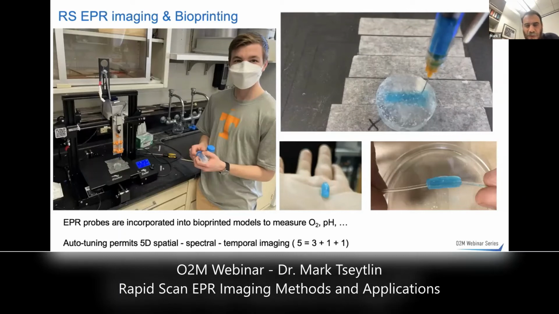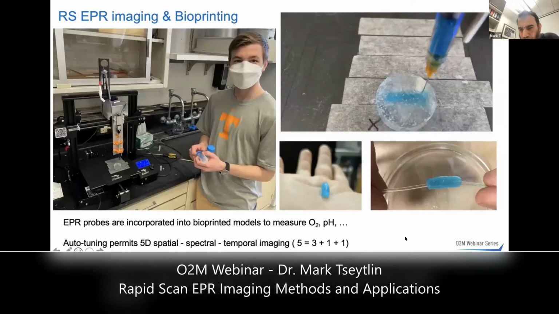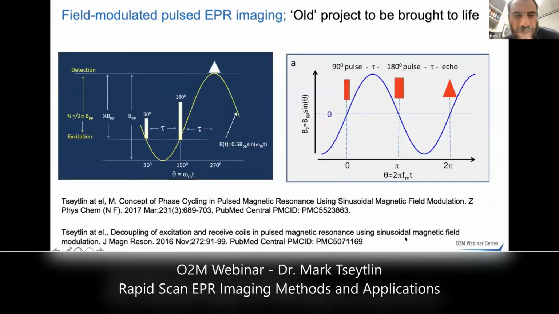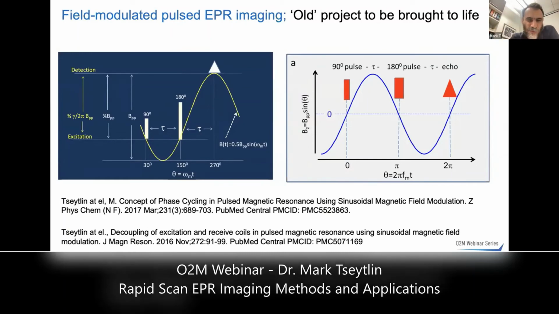You want to see kinetics. This is a long-term project, but I think rapid scan EPR imaging is a great tool for it. Another thing is that we started with Boris quite a long time ago. The idea is to combine rapid scan and field modulation.